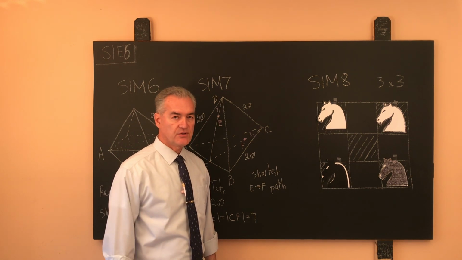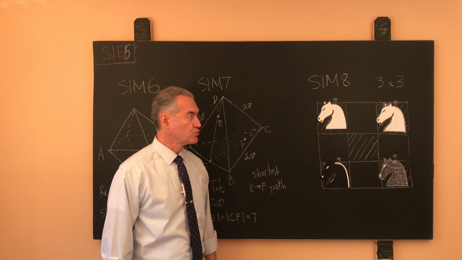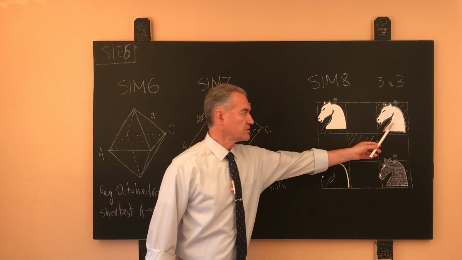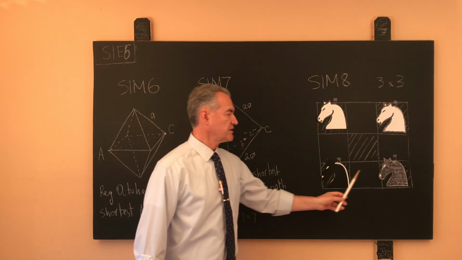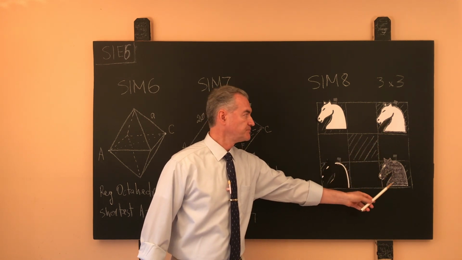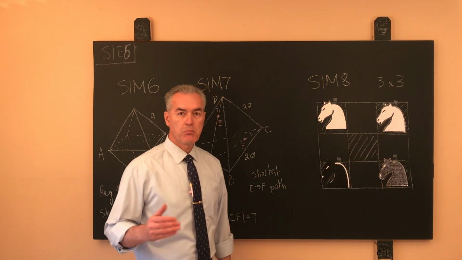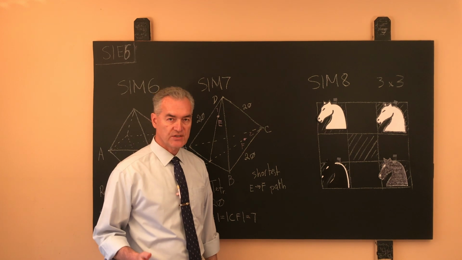The objective in this problem is to swap the same colored knights with their opposites using nothing but the legal moves of a chess knight.